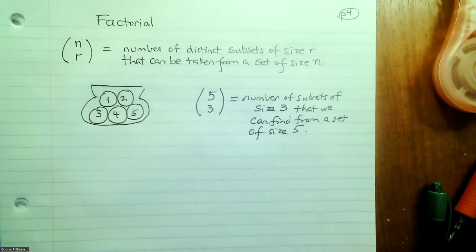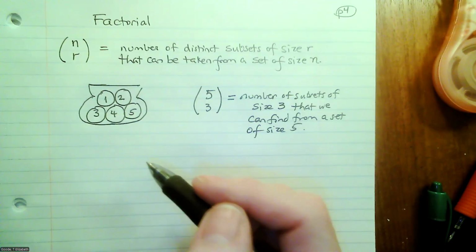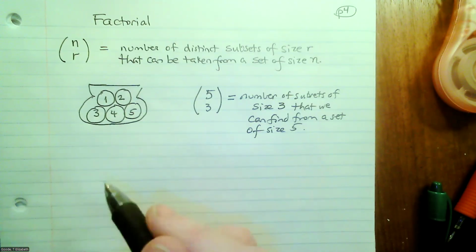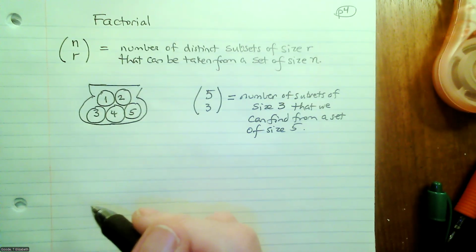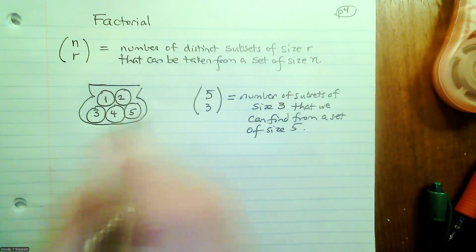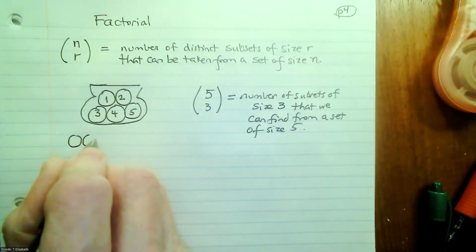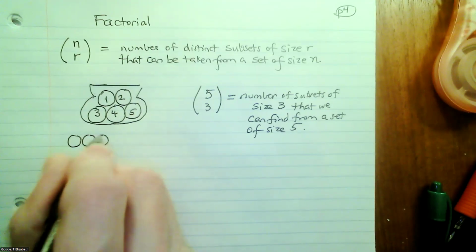Remember when we did this in class? Yeah, I think so. I remember. We actually went through the exercise of counting how many different ways we can reach into this urn and grab 3 of these balls and come out with a set of 3 balls that we haven't pulled out before.